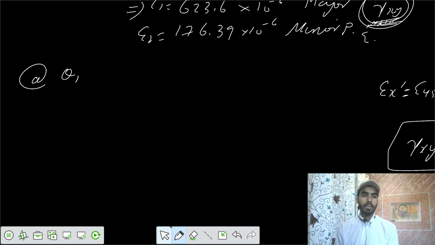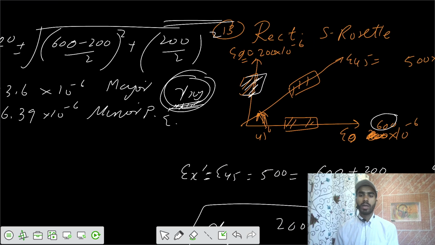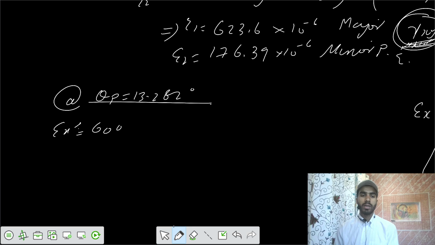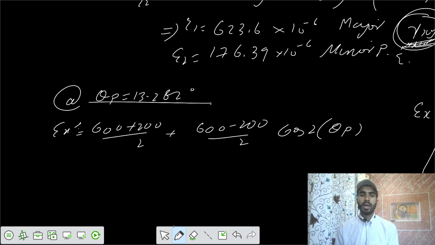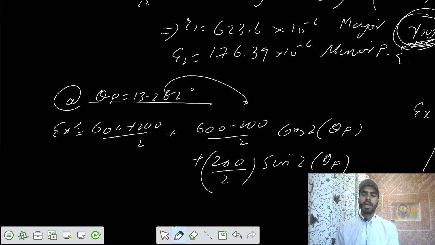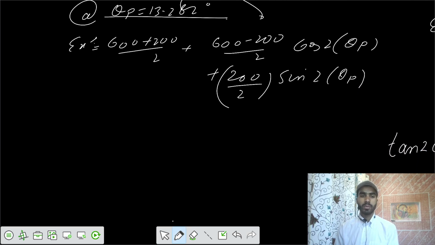At theta p equals 13.282 degrees, we can say Ex dash equals E0 plus E90, that is 600 plus 200 by 2, plus 600 minus 200 by 2 cos 2 theta p, plus gamma xy, which is 200, gamma xy by 2 sin 2 theta p. And you can get the value of Ex dash equals 623.6 times 10 to the power minus 6.